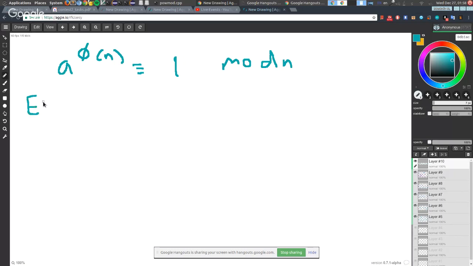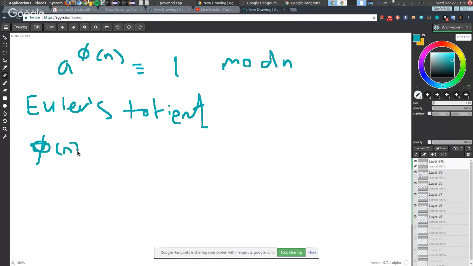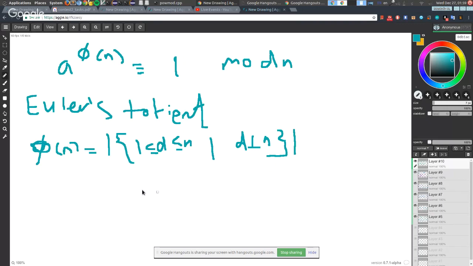This phi is called Euler's function, or the totient function. This phi of n is defined as the count of numbers d less than n such that d and n are coprime. So it's the size of this set.